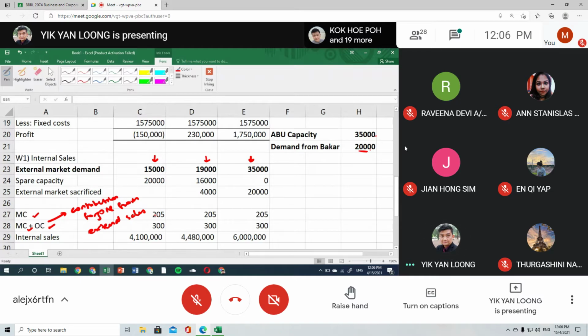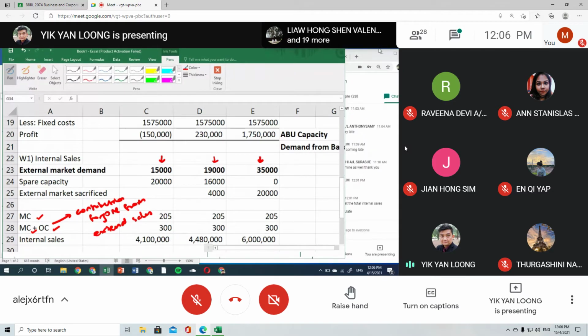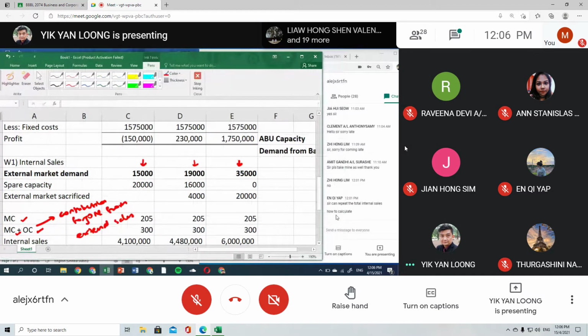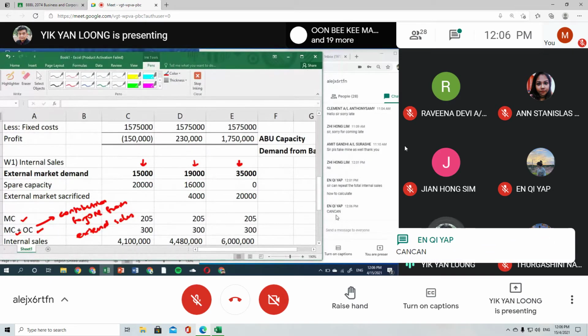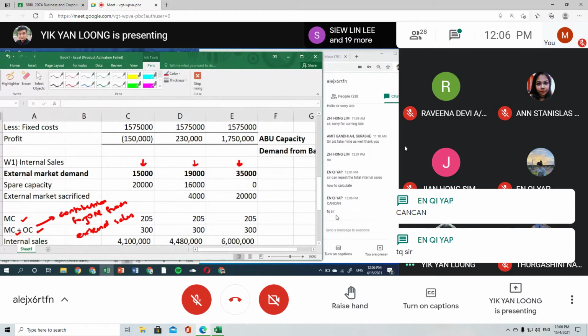Those that include the opportunity cost of internal transfer. Okay. So can you understand? Good. All right. Any more questions? No problem.